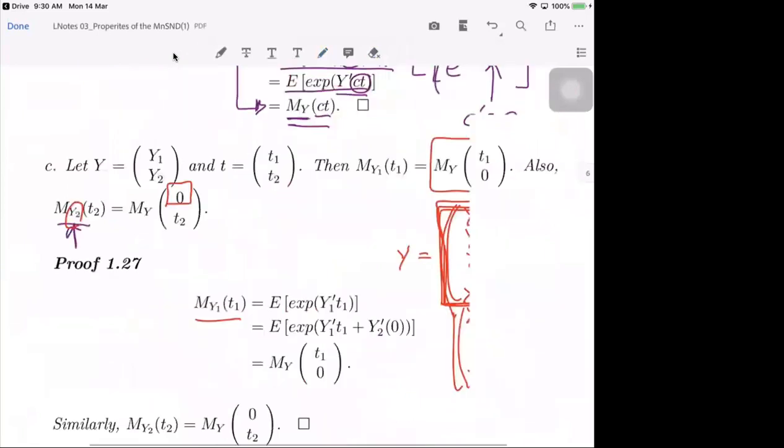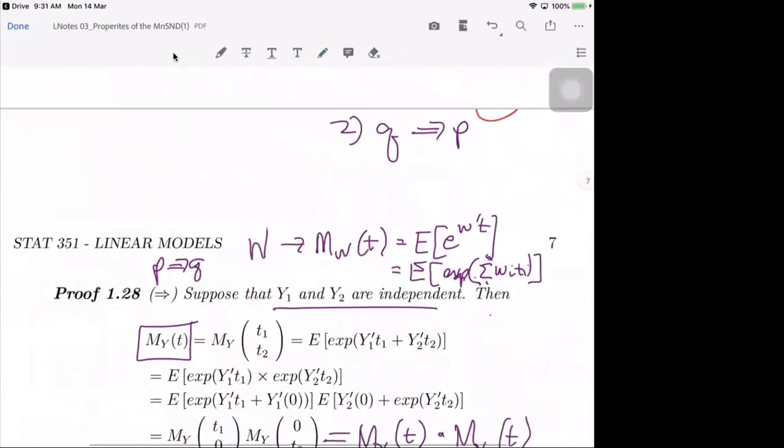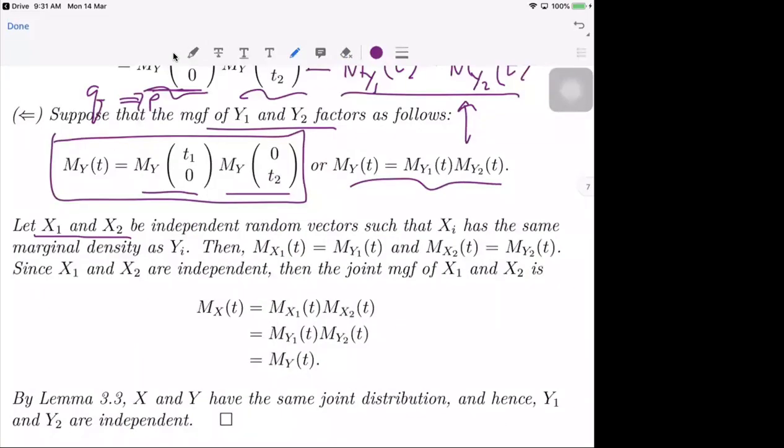So what we are doing here is we assume that there exist two random variables x1 and x2, which are independent random vectors, such that each of them has the same marginal density as y1, y2.